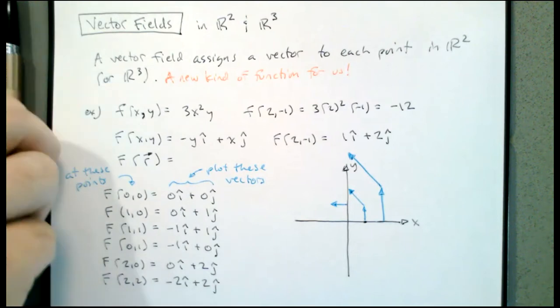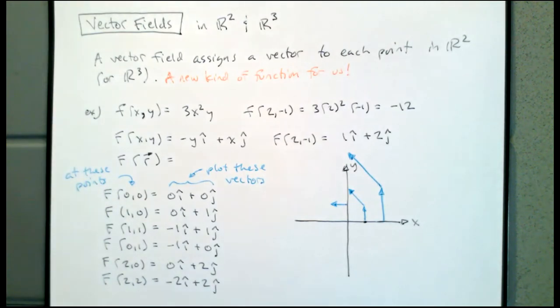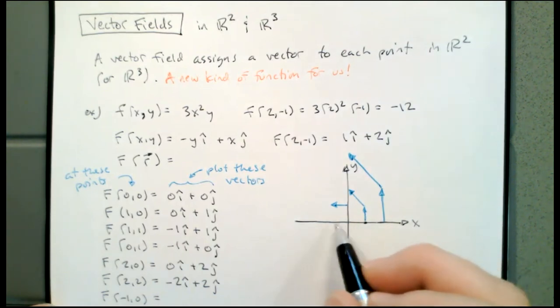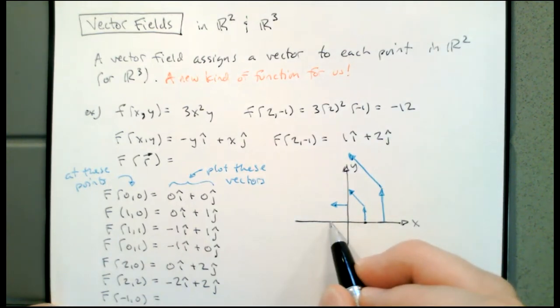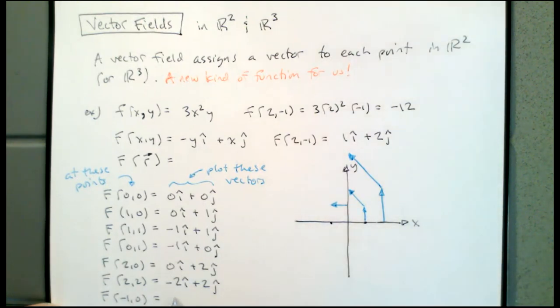If we look at vectors on the negative side, at the point negative 1, 0, I'll get 0 in the i direction, -1 in the j direction.